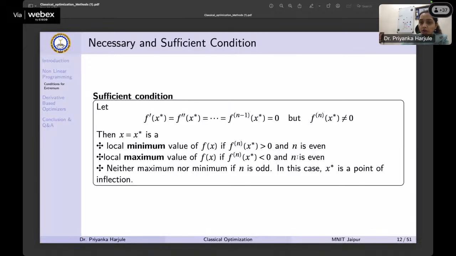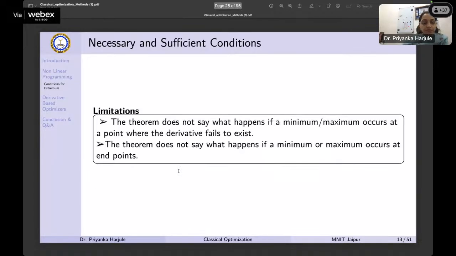If n is odd, that is, if the first non-zero derivative is of odd order, then you cannot say it is a minimum or maximum. You have to say that the point is a point of inflection. So this is the sufficient condition which tells us about the nature of the stationary point.